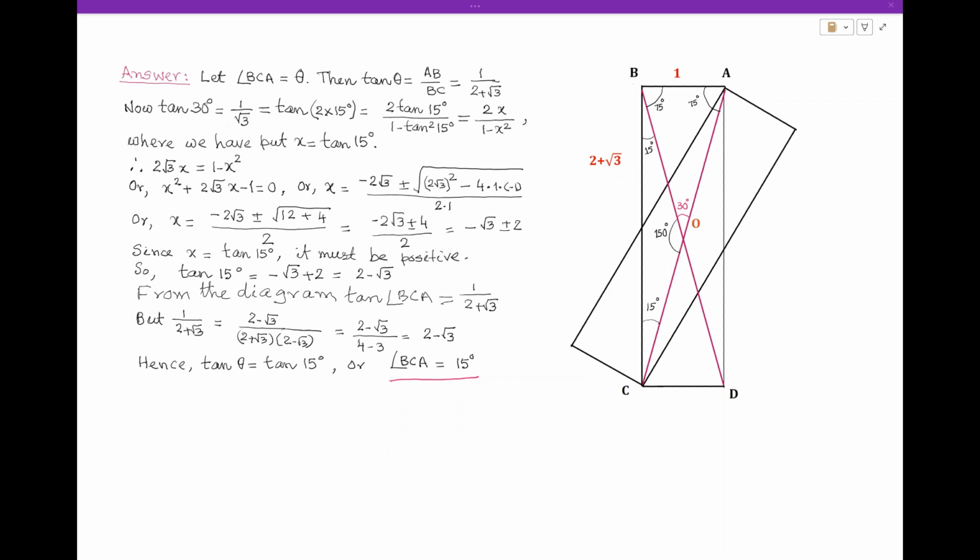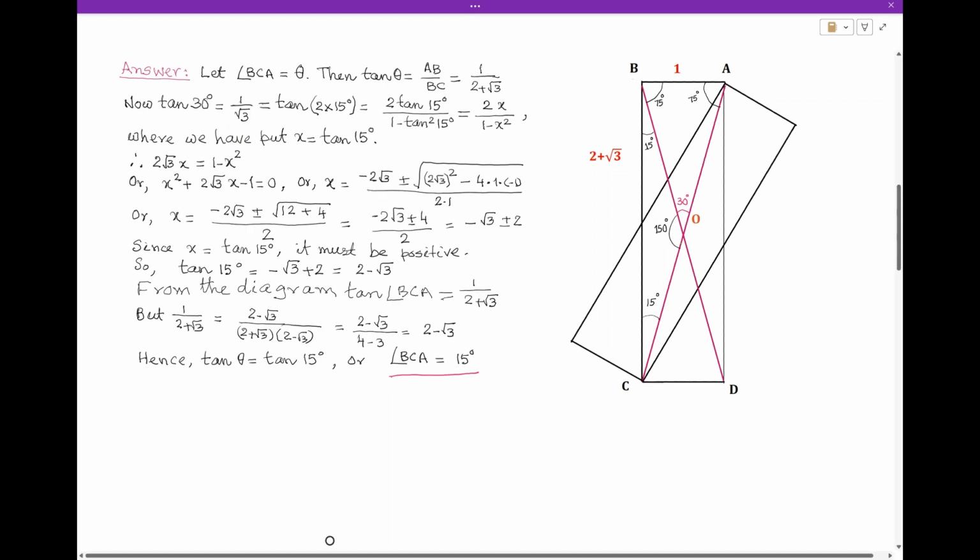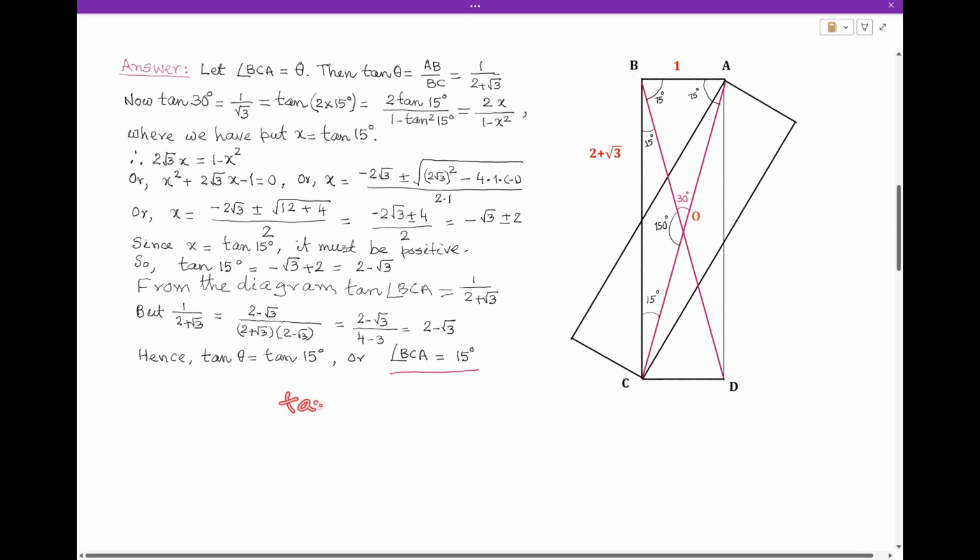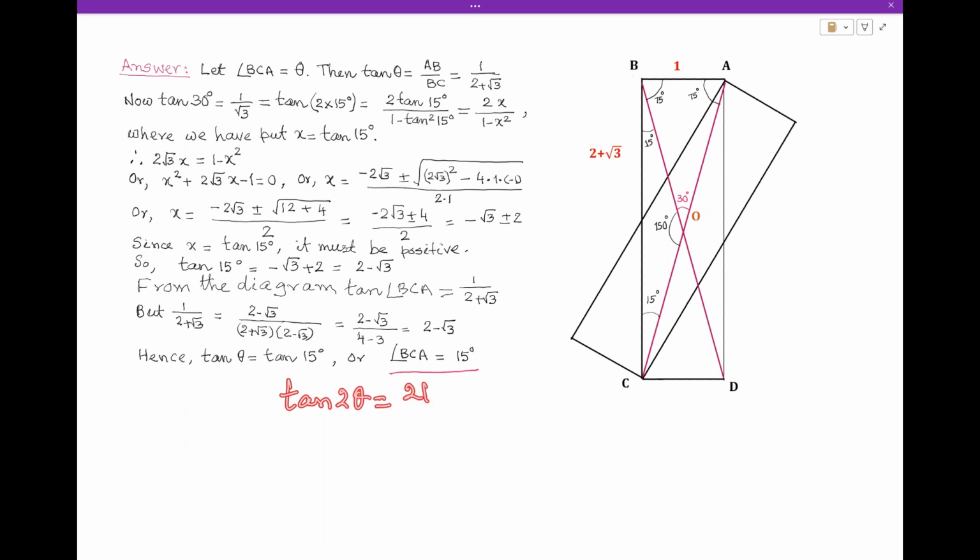We know that tan 2 theta is equal to 2 tan theta by 1 minus tan square theta. Using this formula, we get tan 2 into 15 degrees is equal to 2 tan 15 degree divided by 1 minus tan square 15 degree.